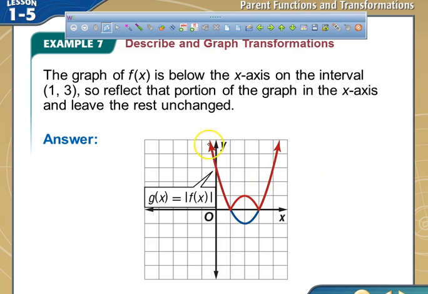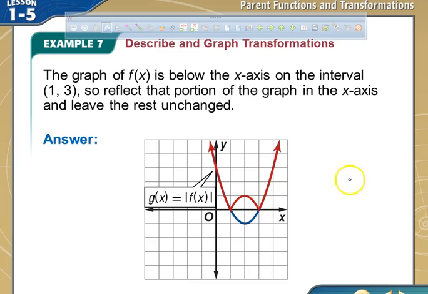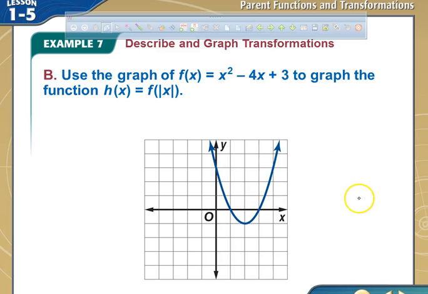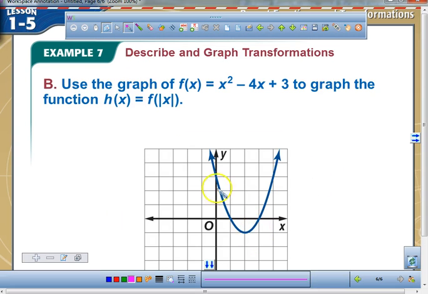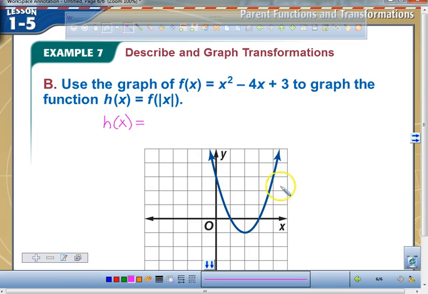Hey, there it is. Ooh. Now this one's different. Check this one out. This one says h of x equals this. Where's the absolute value? Inside of it. So this one, if I wanted to write h of x equals, we're going to open up the parentheses, right? Okay.